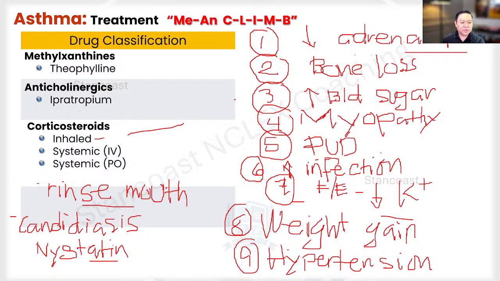Let me rethink here. Okay, we talked about the increasing blood sugar, right, because of the steroid. So our patient that has diabetes mellitus, for example, if they have been checking their blood sugar maybe 4 times a day at home, before meals and at bedtime, that's basically 4 times a day.